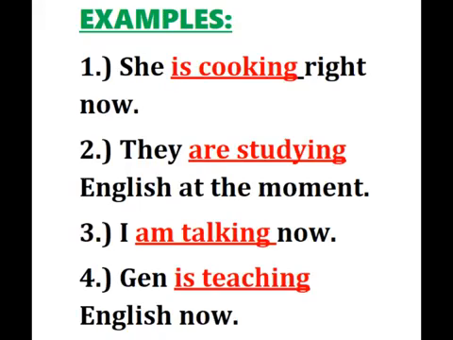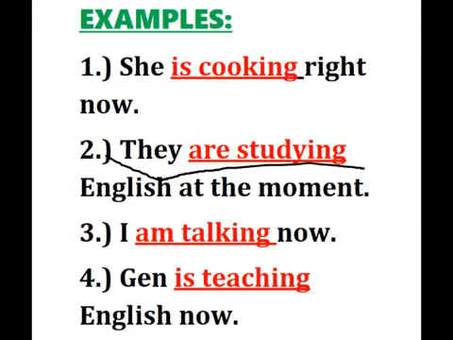I'm going to give you 3 examples again. Number 1, she is cooking right now. She is the singular subject, so you have to use is because it's only one. And you have to use ing, of course. When you say she is cook, no, it should be cooking. Next, they are studying English at the moment.